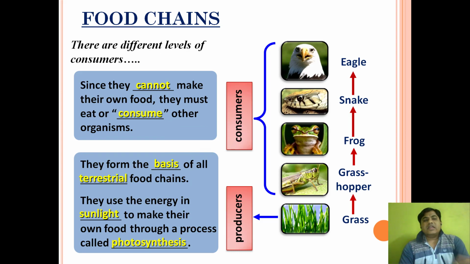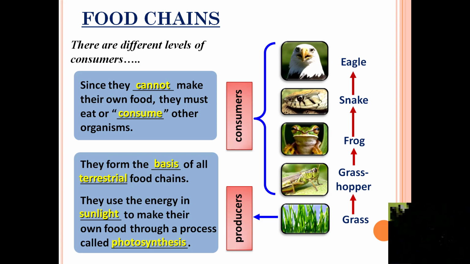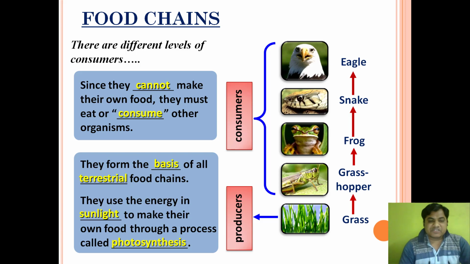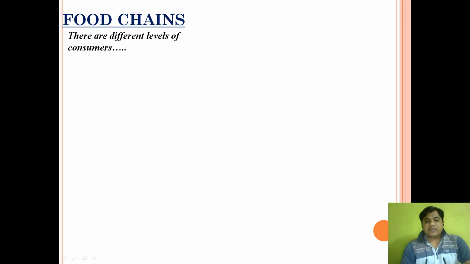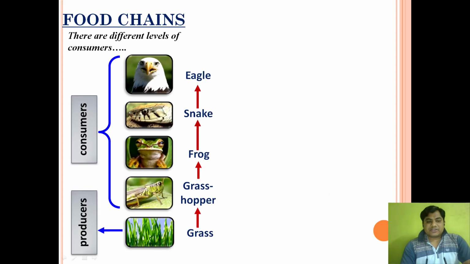There are different levels of consumers. The consumers are also called heterotrophs, which means they cannot make their own food, and they must depend for their food on another animal or another plant.